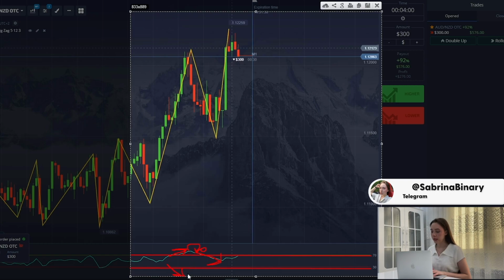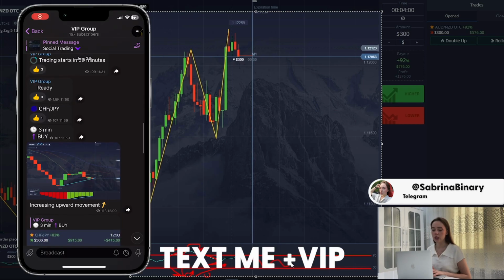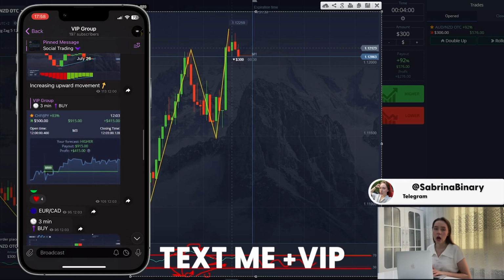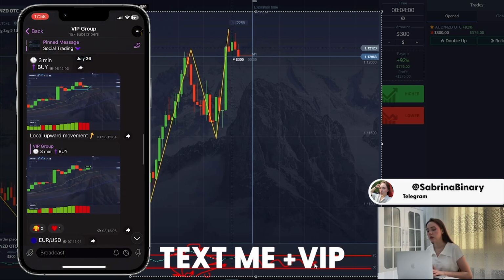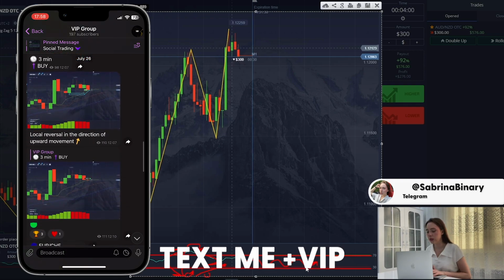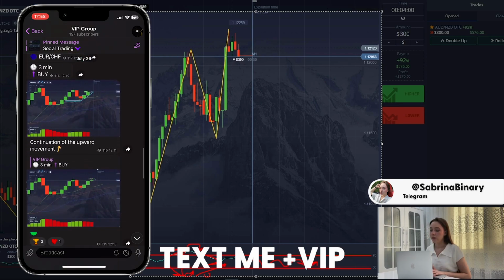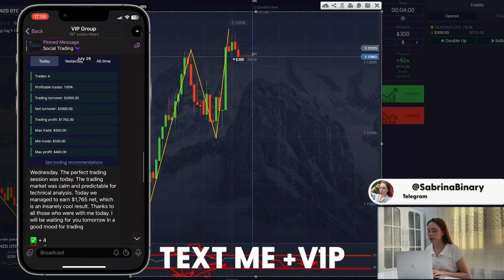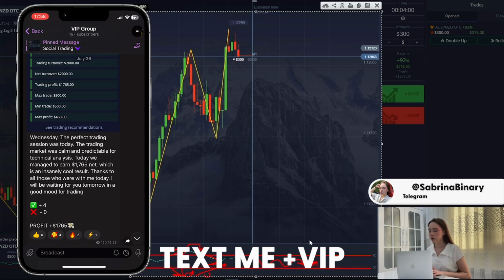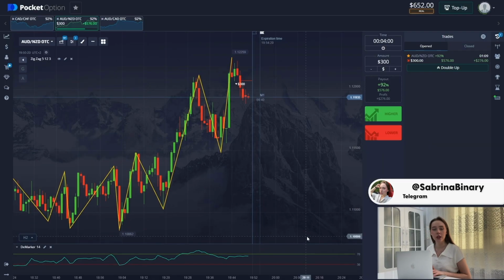And when the indicator doesn't go beyond the boundaries but moves inside them, you just need to look at its direction. If it's up, it's a buy. If down, it's a sell. And there is not much time left till the end of the deal, so let's watch together.